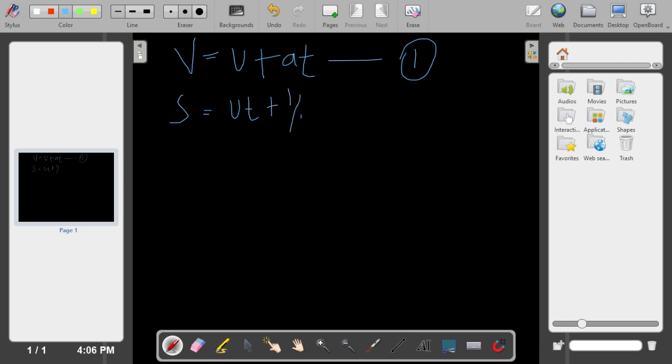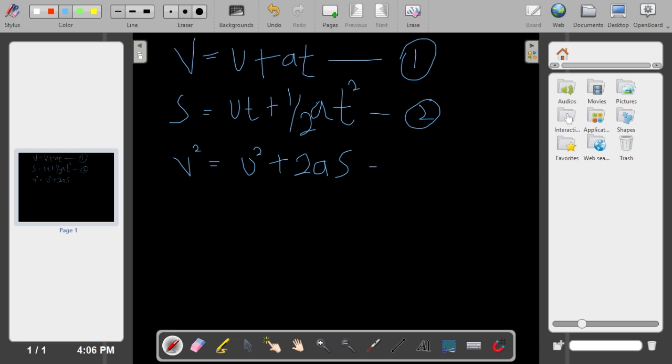Now this is equation 2, and the third equation of motion is v square equals u square plus 2as. So this is the third equation of motion. So now let's see how these equations have been derived.